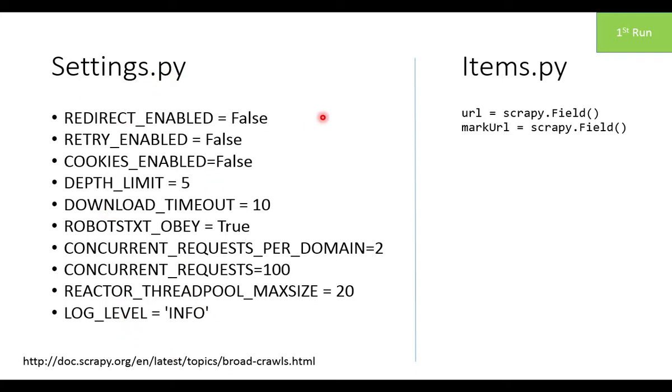For the initial run, I've basically set it to use the recommendations from one of the documents in the Scrapy documentation itself, which is a recommendation for doing broad crawls. So essentially just walking through some of these. Again, this is a broad crawl, so some of these broad crawl configurations will not necessarily apply if you're doing focused crawls and benchmarking against focused crawls. So be mindful of that.